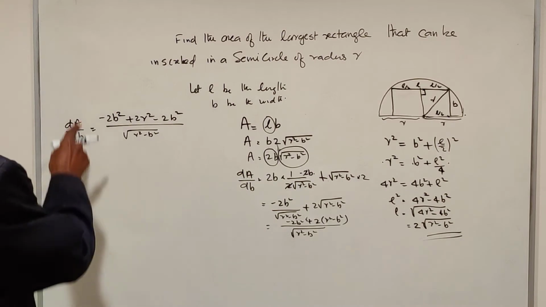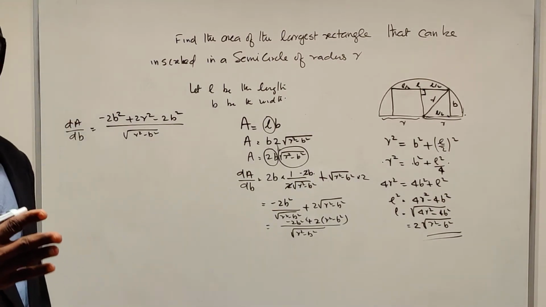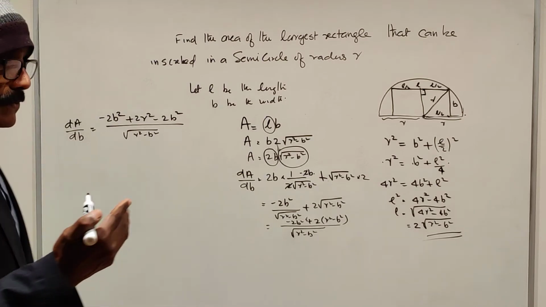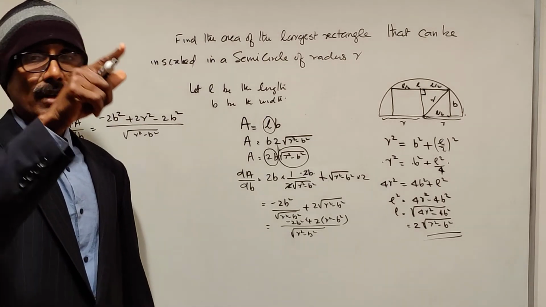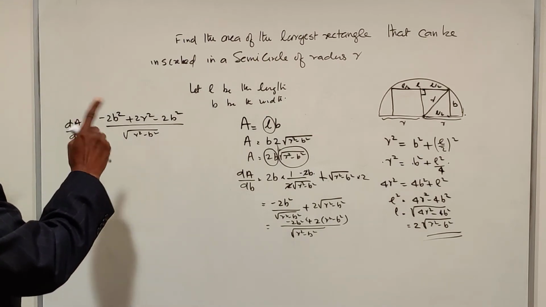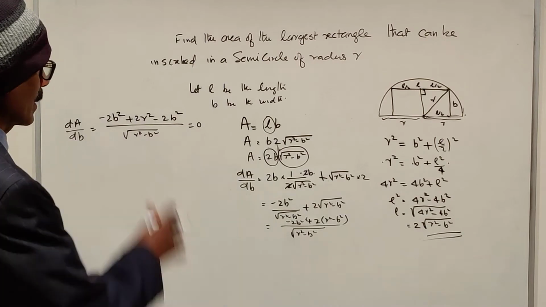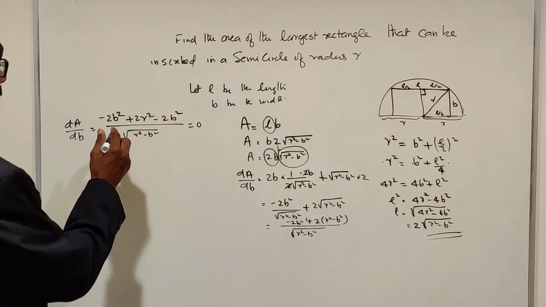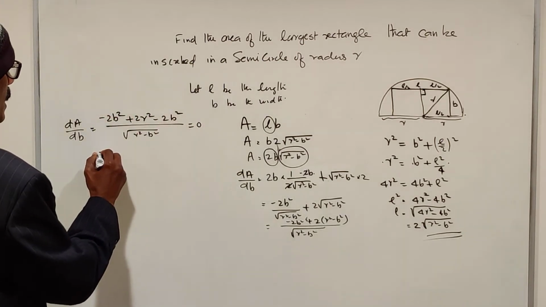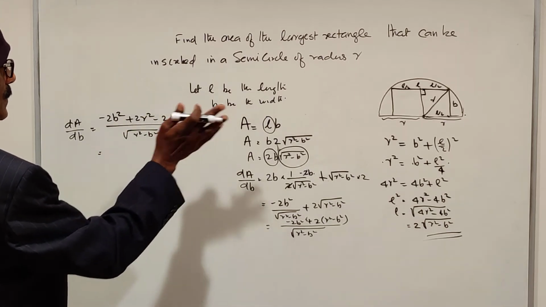At the turning point, dA by dB equals 0. If you want to find the turning point, you need to find dA by dB first. Then at the turning point, dA by dB is equal to 0. We did so many questions like this. Everything is the same steps. Equal to 0. When you cross multiply, this one becomes 0 into this equals 0.